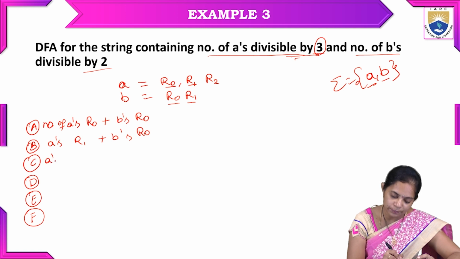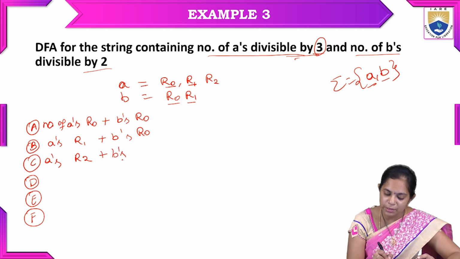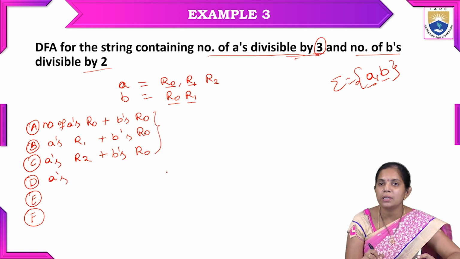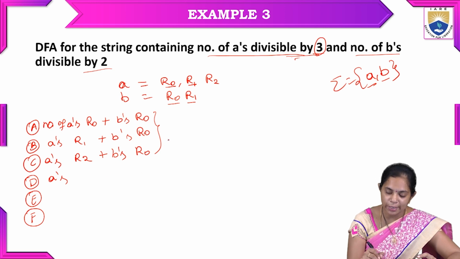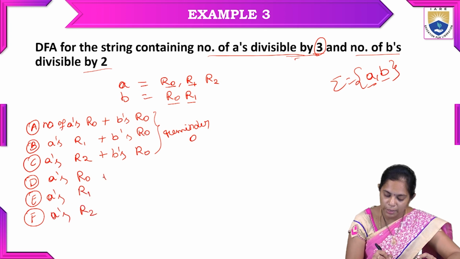So here A's with remainder R2 and B's with R0 only. Here we write all B's with remainder 0, and then A's R1, A's R2, and in the second case B's with R1.